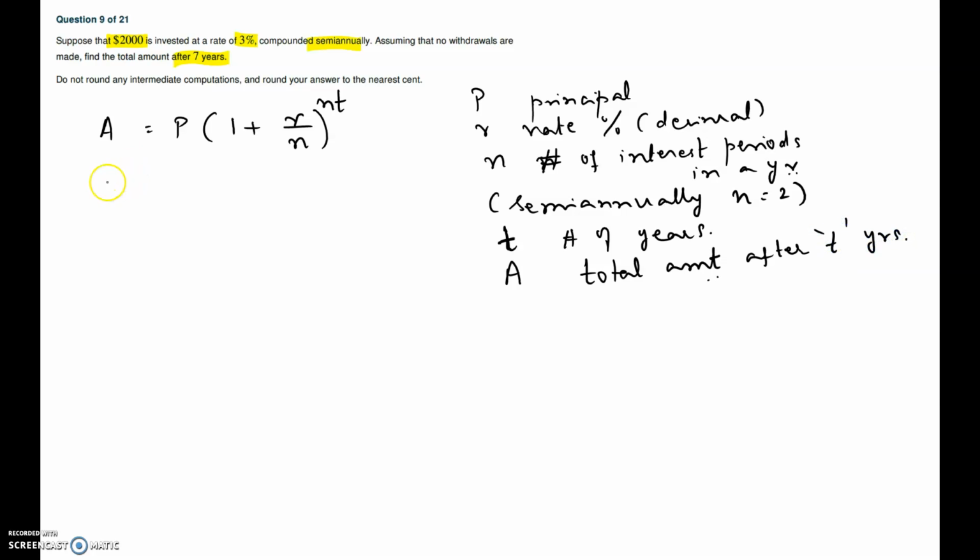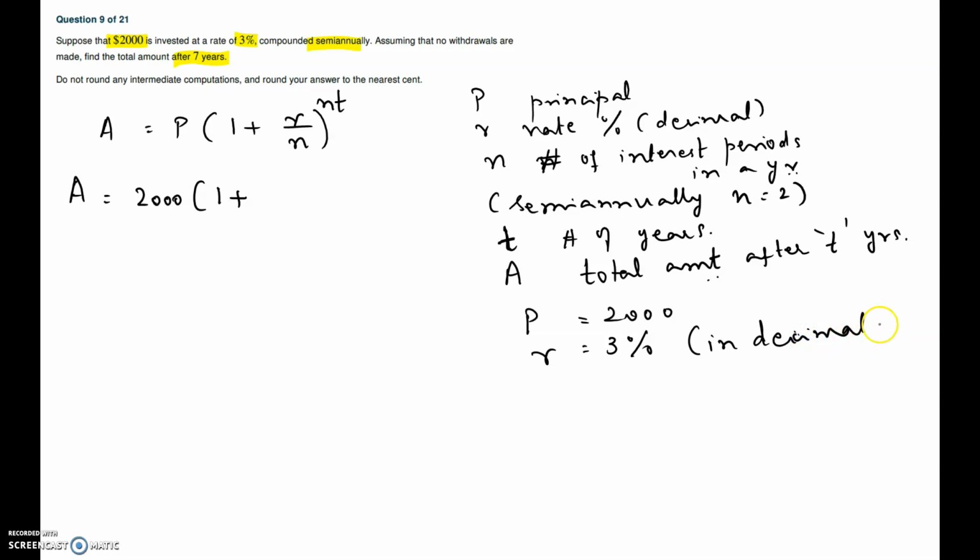So we have to fill in all the information here. A is what we have to find out. Then P is the initial amount, that is 2000 in this case. The rate is 3%, in decimal it will be 3 over 100, which is 0.03.